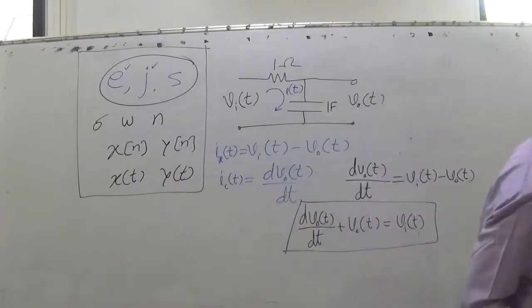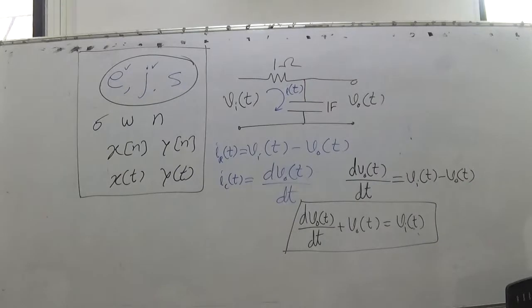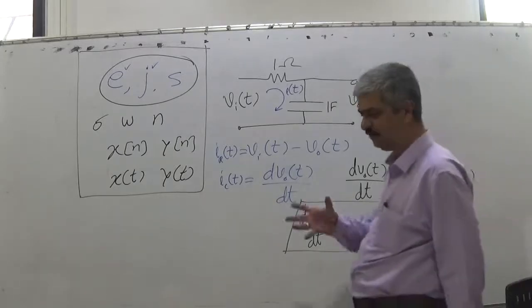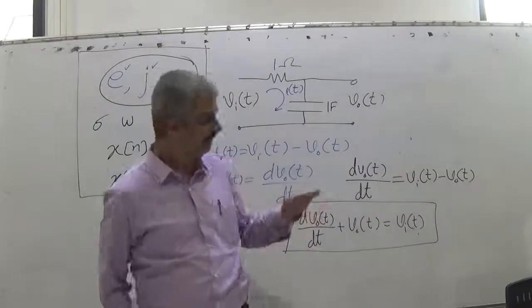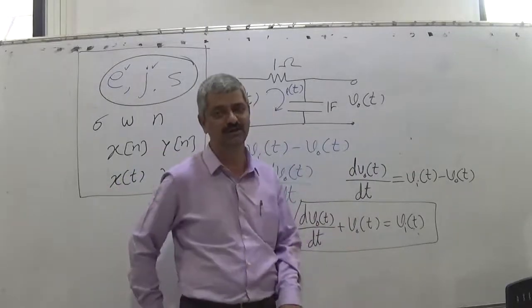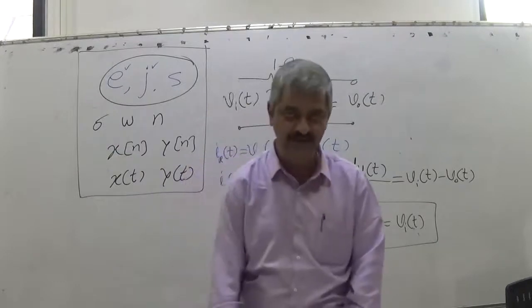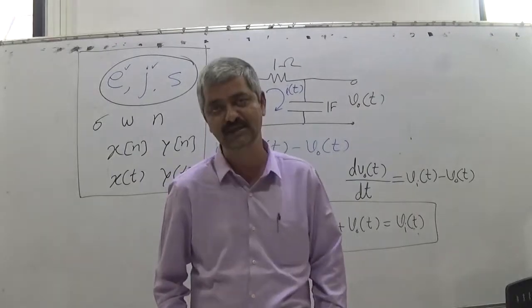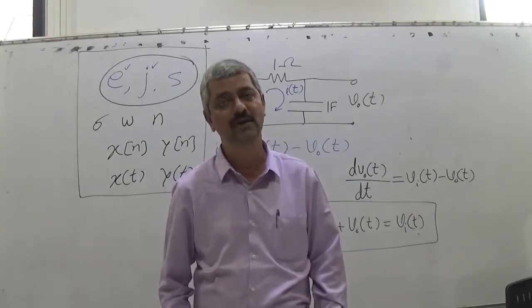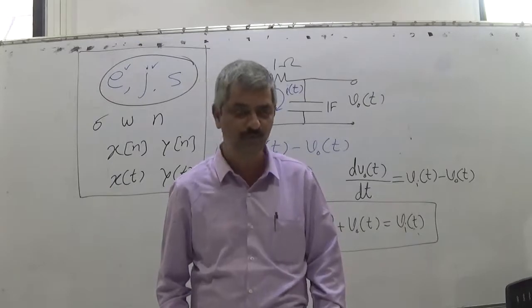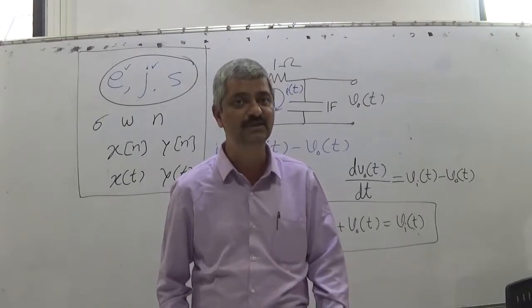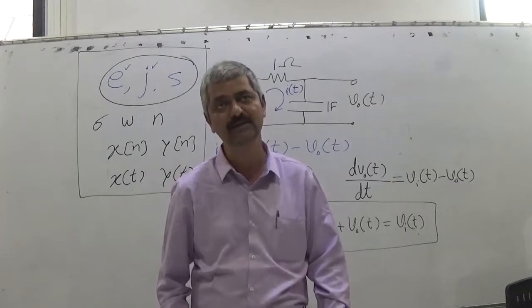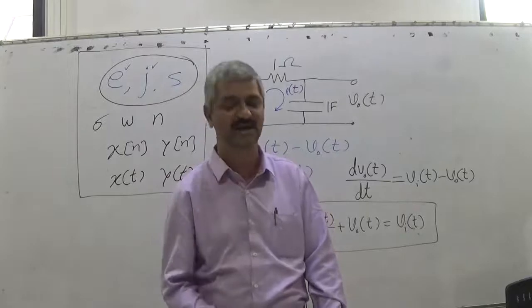So here what is important is that we have a system in which the output depends not directly on the input. There is a complex nature. So this differential equation is to be solved. And by solving this differential equation, you will come to some VO which will depend on VI in a very peculiar manner.